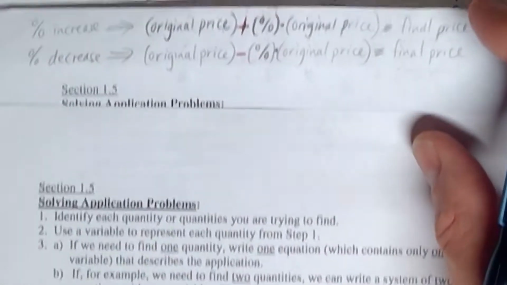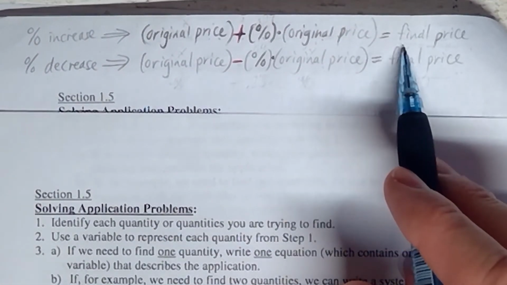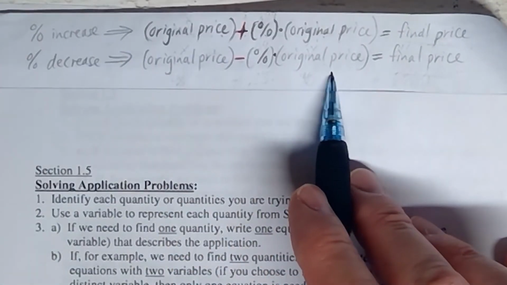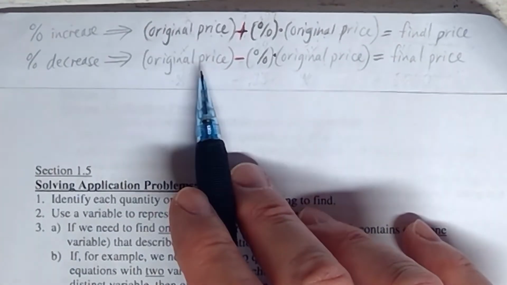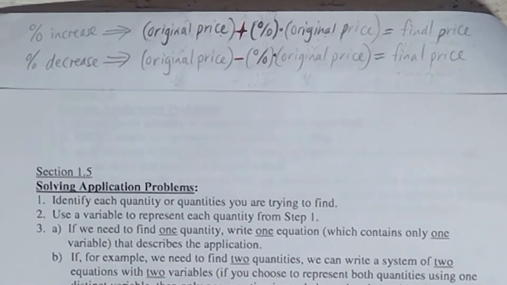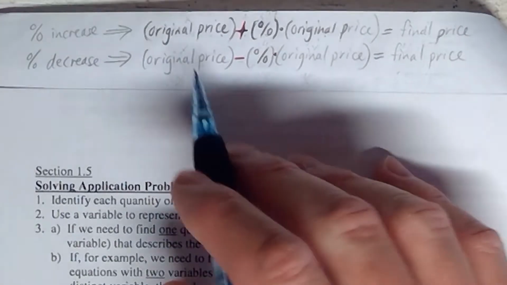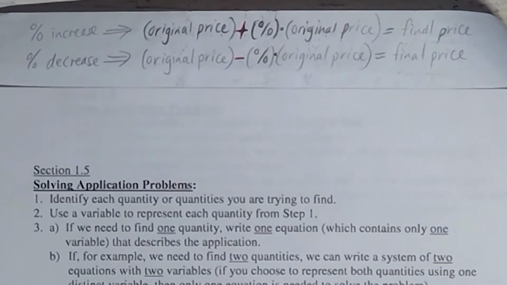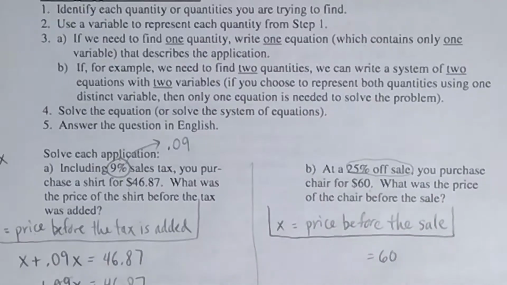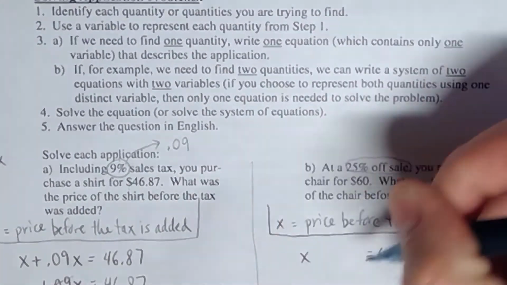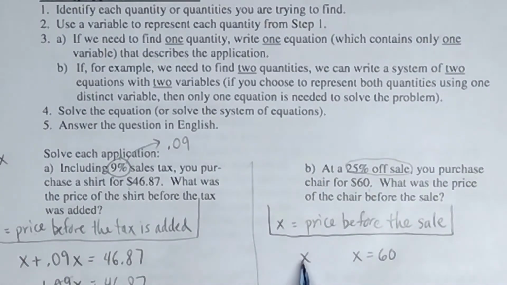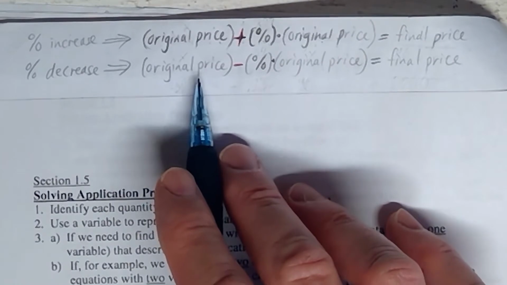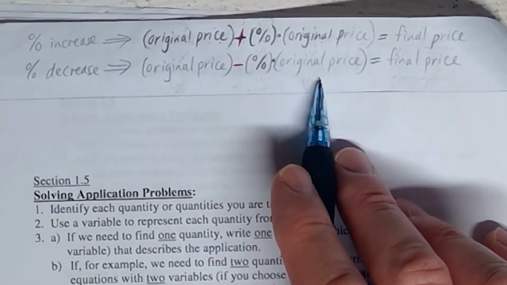It goes on the right-hand side just like it did in the previous formula, the previous problem. We don't know what the original price is, but just like the last problem, it's the X because that's what we designated it to be. So again, if you don't know something, in this case the original price, but you do have a variable designated for it, then you put the variable in that same spot here. X in that first spot and then X just before the equal sign, just like the formula tells us to here.